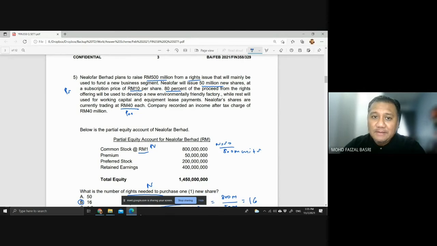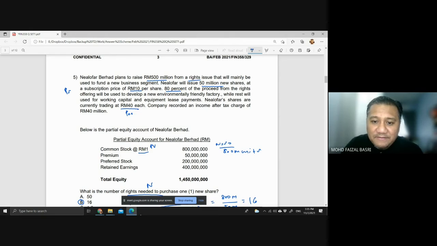Okay. So from this 500 million, 50 million goes into common stock because the par value is RM1. So RM1 times 50 million units is 50 million ringgit. So that's why the new one will be 850.